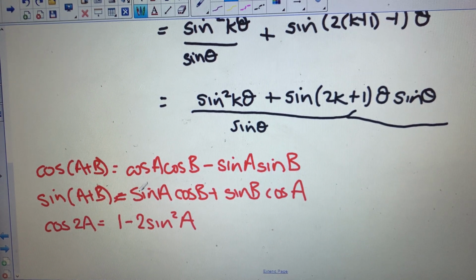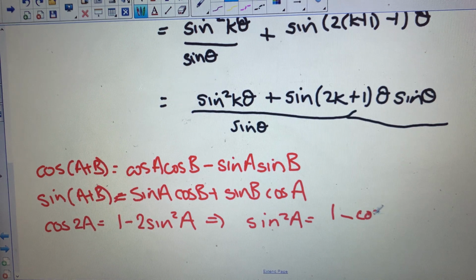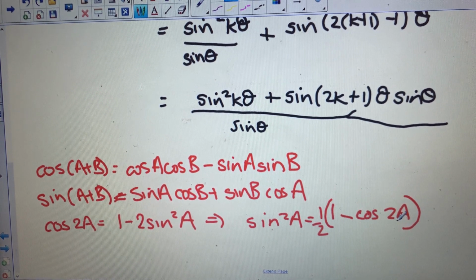Now I know that from this I can rearrange to get sine squared A as 1 minus cos 2A, halved. So they're the identities that I'm going to use.